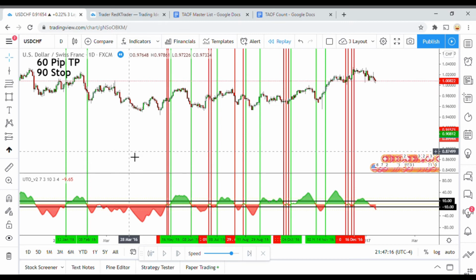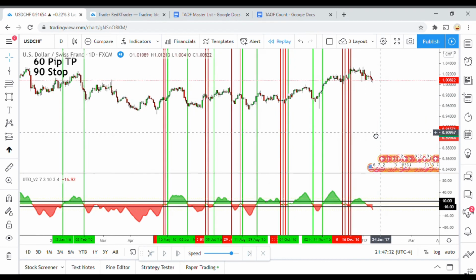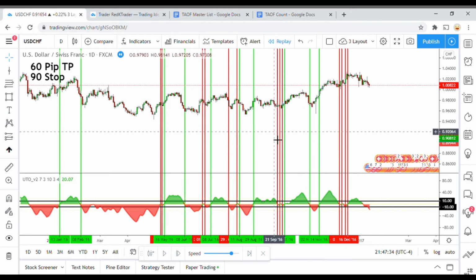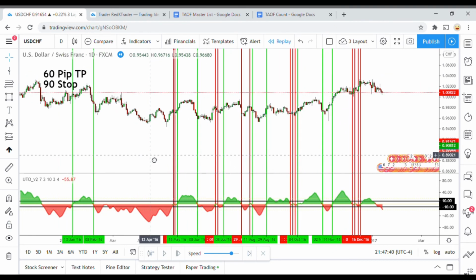And so it's pretty interesting that if we would have filtered out some of the range on this indicator, we would have probably canceled out a good deal of these losing trades. But we would have also cost ourselves some of the winning trades as well.